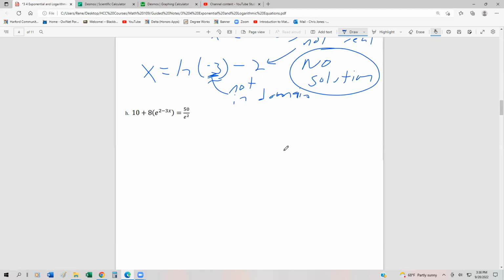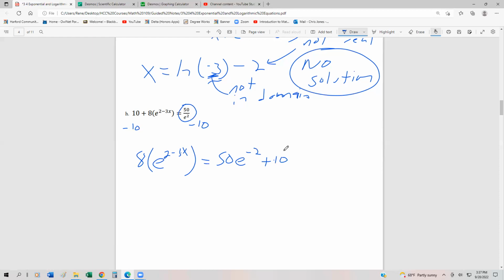So what I'm going to do with this is start by subtracting 10 from both sides. And another thing I'm going to do is write this as e to the minus 2. So I could write this as 8 quantity e to the 2 minus 3x equals 50e to the minus 2 plus 10.